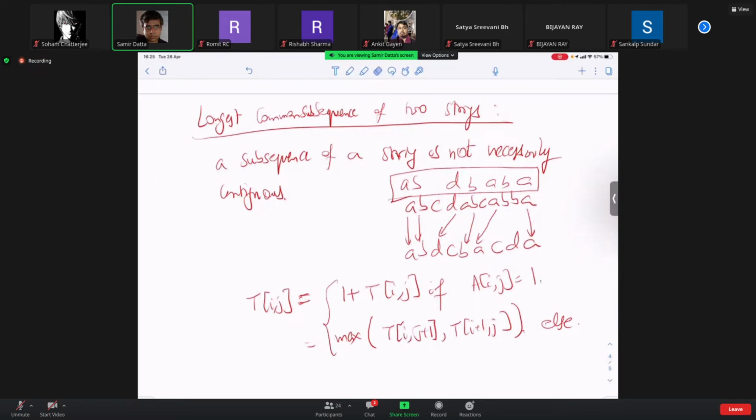Why is this so? This is what you were saying, correct? It will be 1 plus Ti plus 1, J plus 1. Sorry. Yes, of course. Now is it what you were saying?